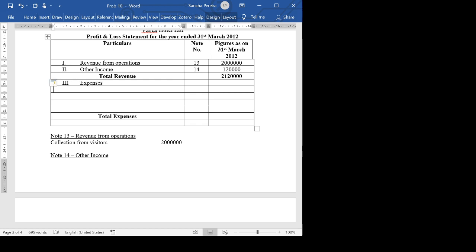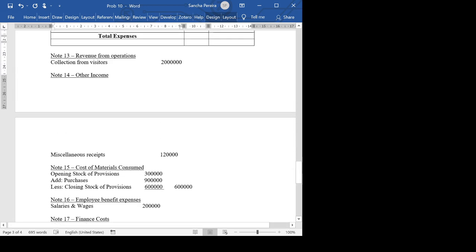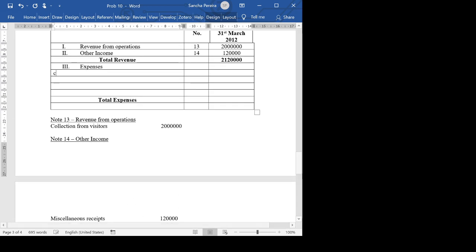Then we come to expenses, which is number 3. Under expenses, we have various things. First is cost of materials consumed. Here we don't have any numbering as such. We just have all this under expenses. Cost of materials consumed is note number 15. I'll just write all the notes. After that, we have employee benefit expenses.